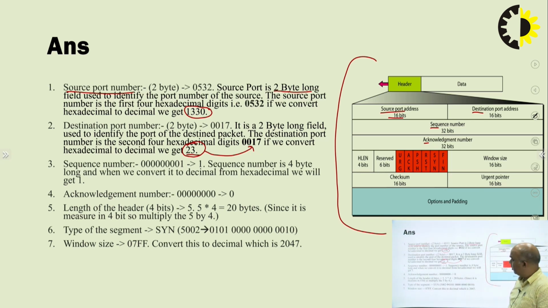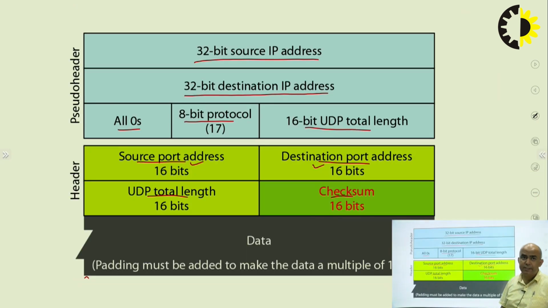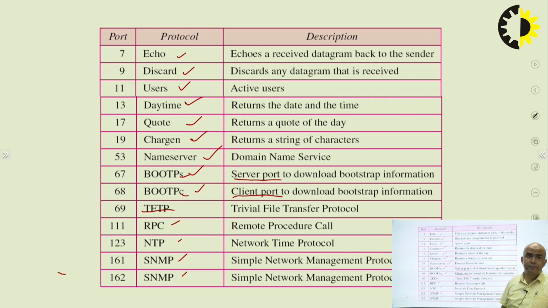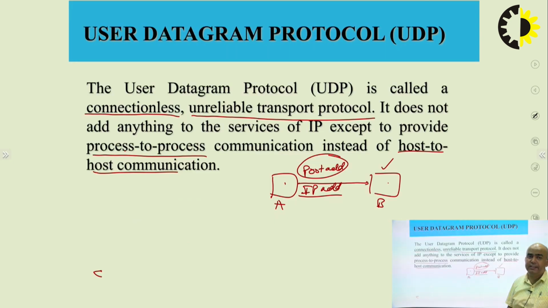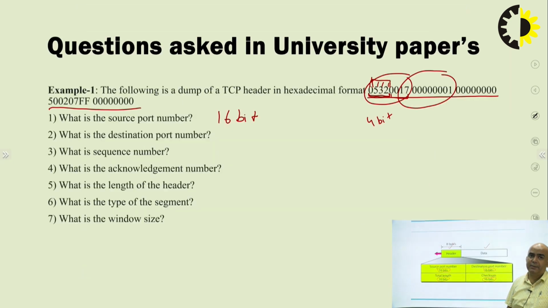So if we look into this, TCP port 23 is the destination port number that is used for the Telnet protocol here in these given hexadecimal numbers.